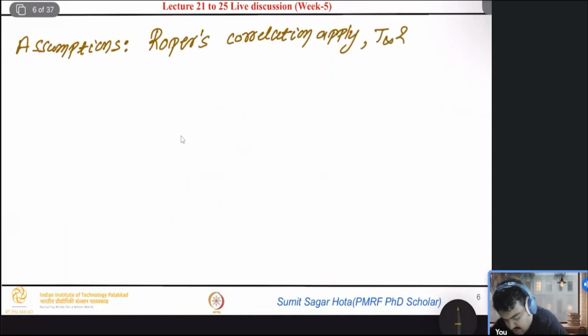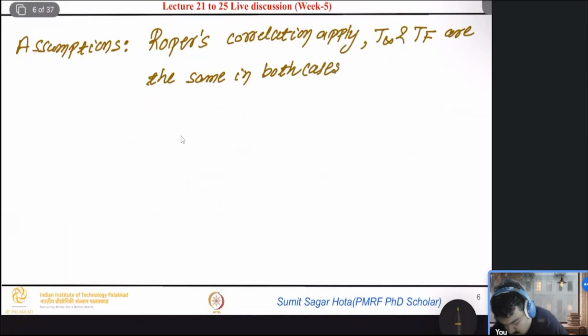T infinity and T_f are the same in both cases. Solution.